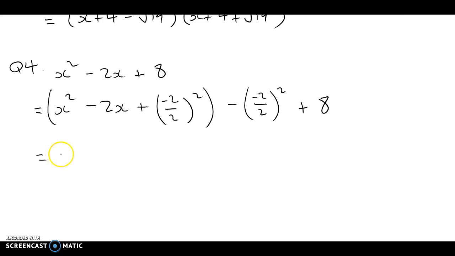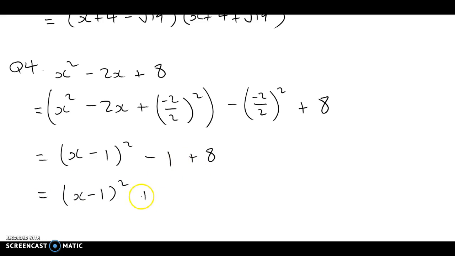So this will become x minus 2 over 2 all squared is just 1. So that would become x minus 1 all squared minus 1 plus 8, which gives us x minus 1 squared plus 7.